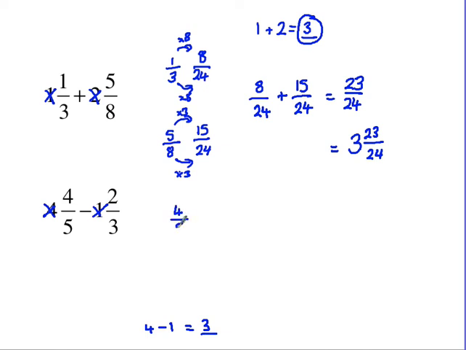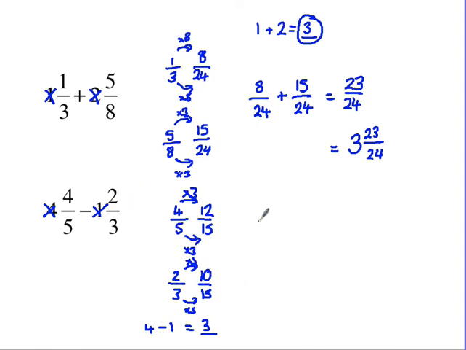So 4 over 5 is going to become something out of 15. And 2 over 3 is going to become something out of 15. Now I've times that by 3. So if I do the same to the top, that will give me 12. And I've times this one by 5. So if I do the same there, that will give me 10.